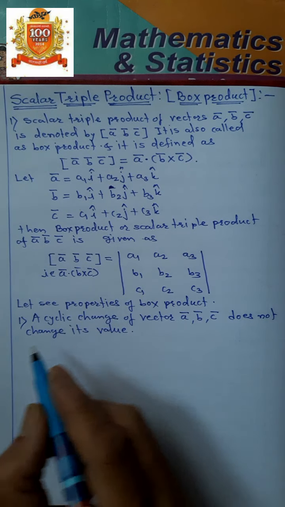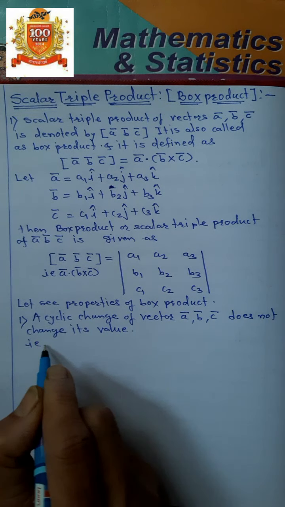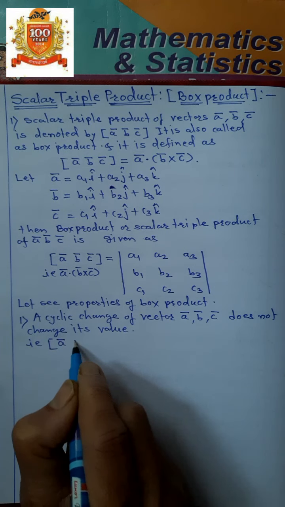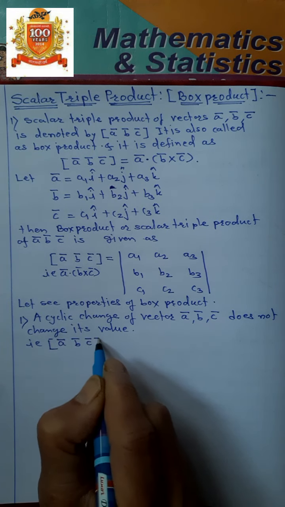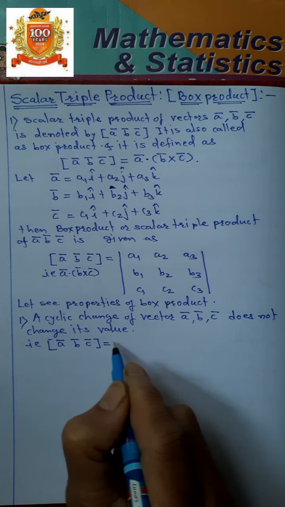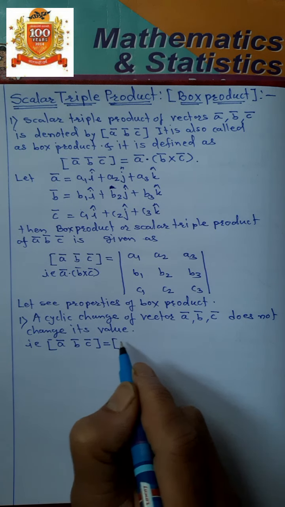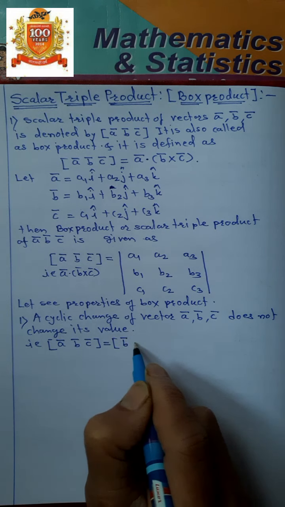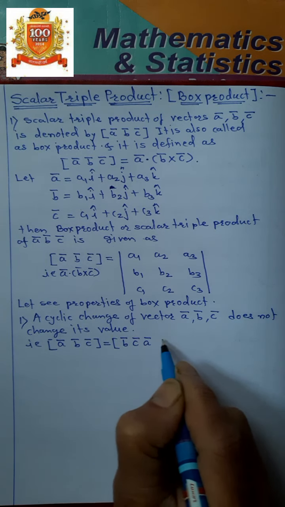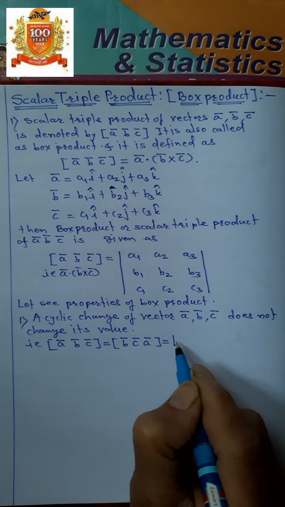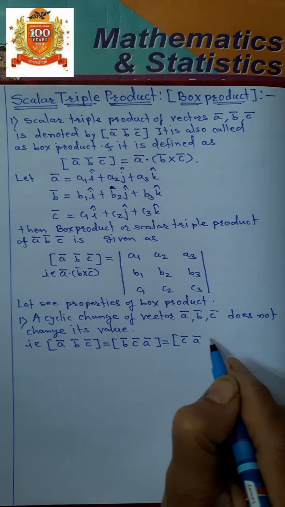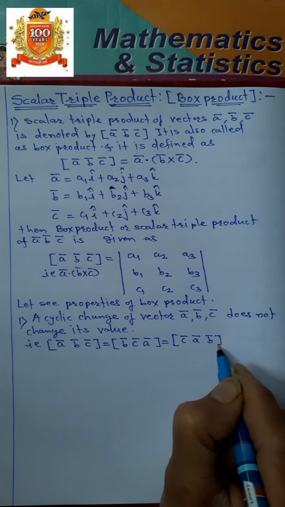What is the meaning of this? That is, box product of A bar, B bar, C bar is equivalent to box product of B bar, C bar, A bar is equivalent to box product of C bar, A bar, B bar.